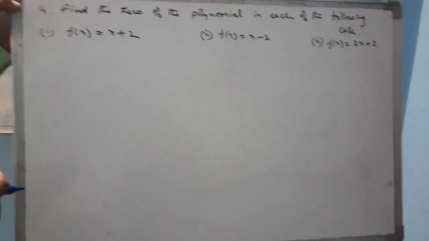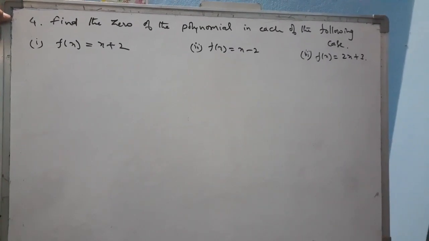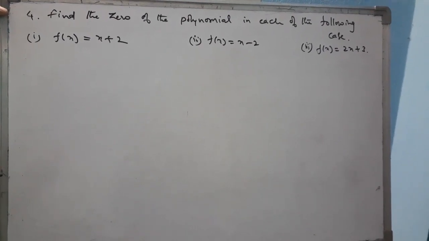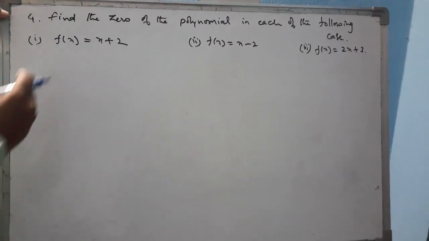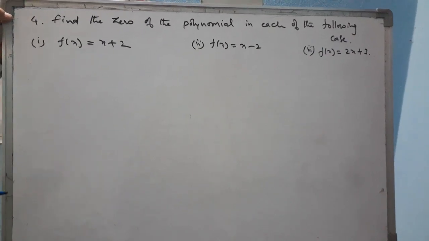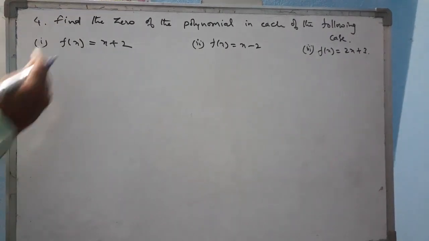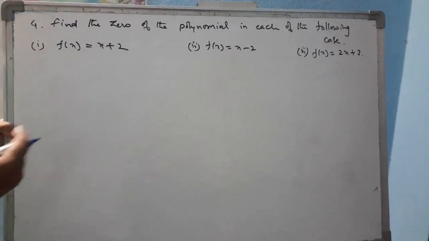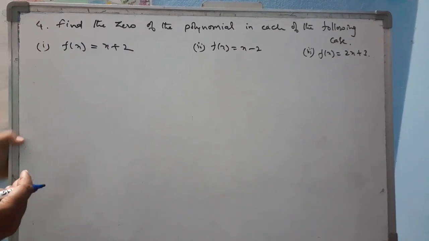So the fourth one, find the 0 of the polynomial in each of the following cases. So here we have to find the 0 of the given polynomial f of x equal to x plus 2. To find the 0 of the polynomial, we have to solve the equation f of x equal to 0.